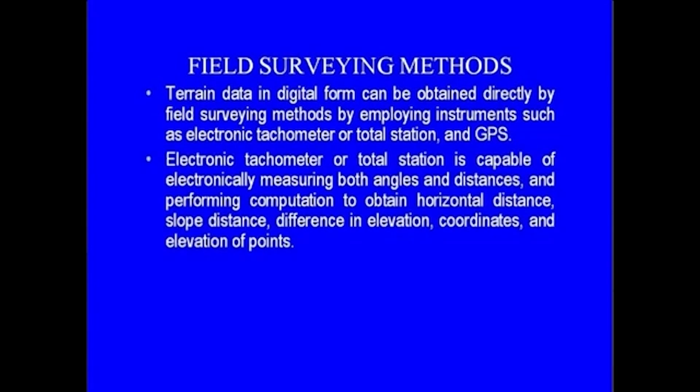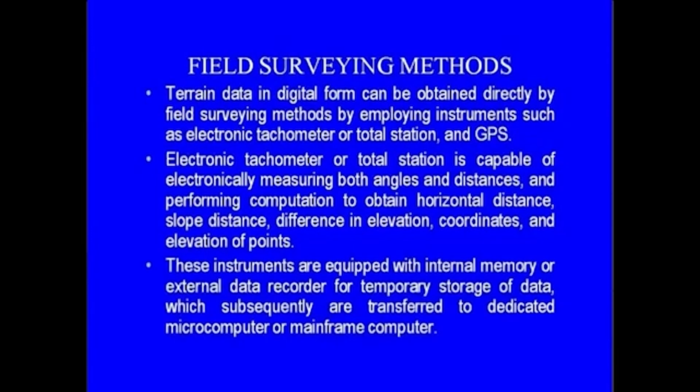The electronic tachometer or total station is capable of electronically measuring both angles and distances and performing computations to obtain horizontal distance, slope distance, difference in elevation, coordinates and elevations of points. These equipments are equipped with internal memory or external data recorder for temporary storage of data, which subsequently are transferred to dedicated microcomputers or mainframe computers.